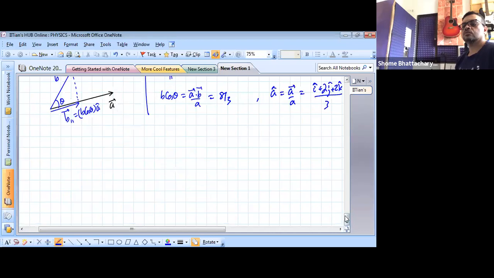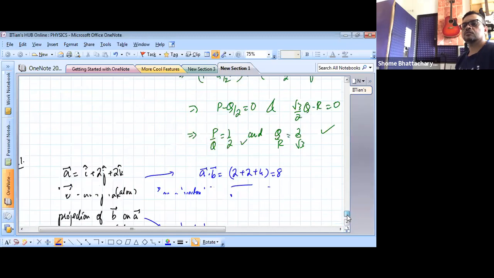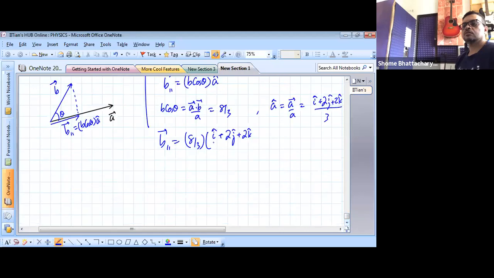So now we can just do the algebra here. B's parallel component is B cos theta, which is this much, into A cap, which is this much. Just confirm once. Okay. So that will become 8 by 9 into this.